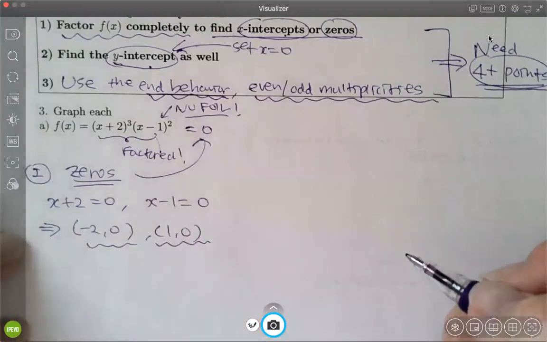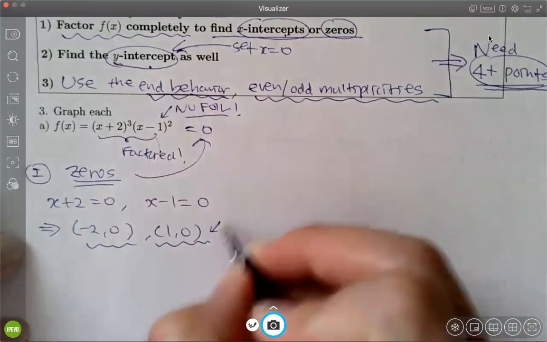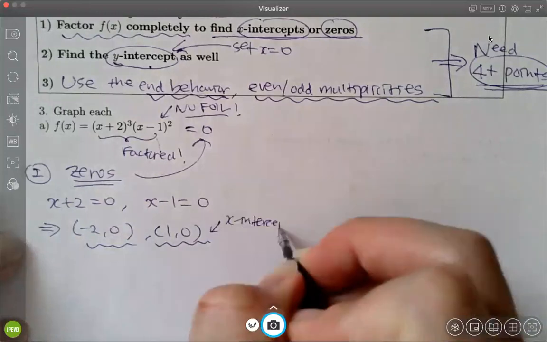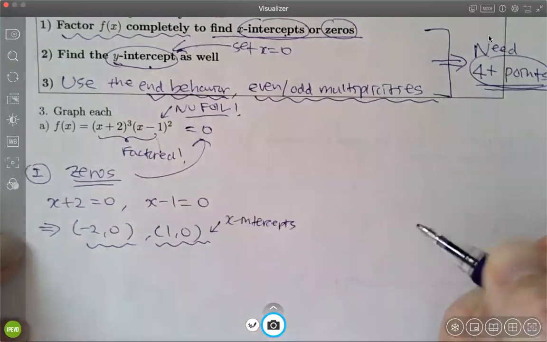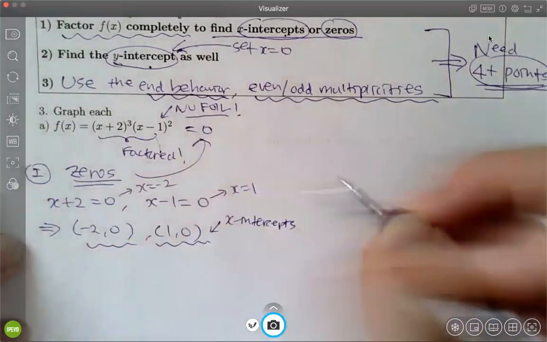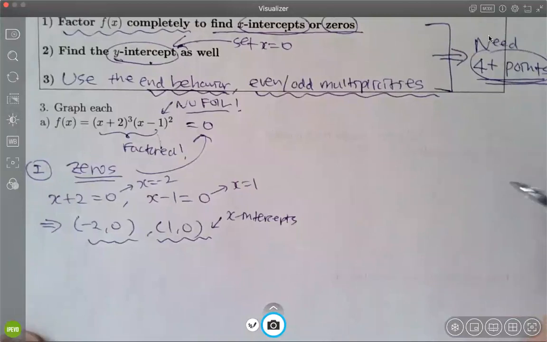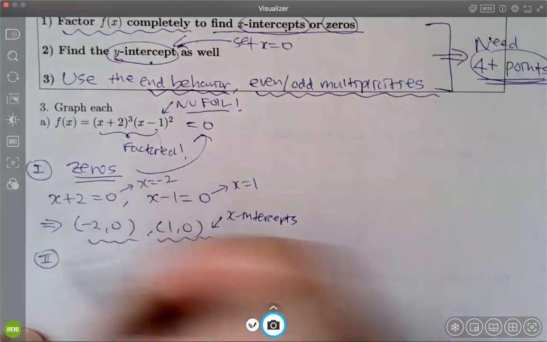Again, I'm not saying those are the notations for the zeros. The zeros are -2 and 1. Even though they mean the same, the representation is not the same. And now, let's find the multiplicities.